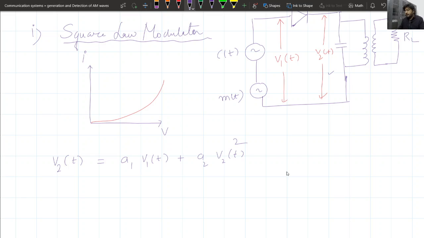V2 equals A1 V1(t) plus A2 square of V1(t), where A1 and A2 are system properties.